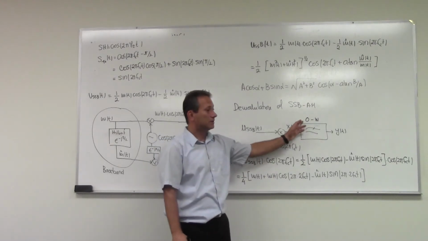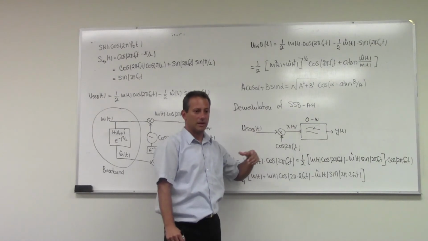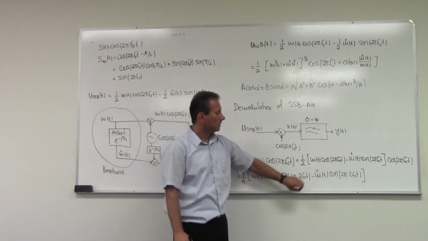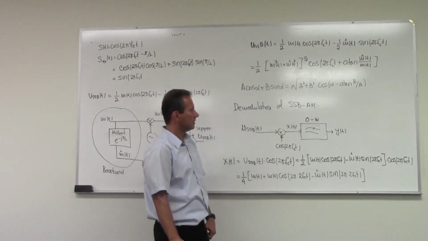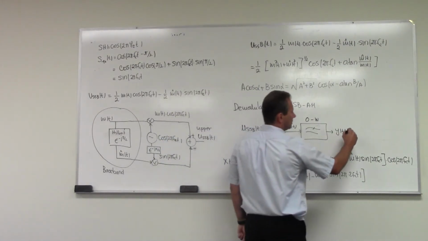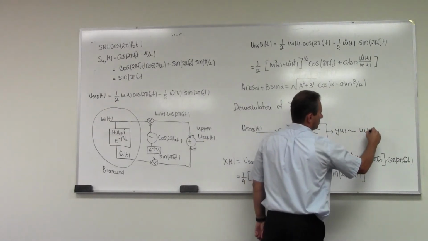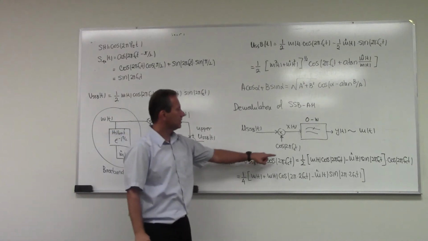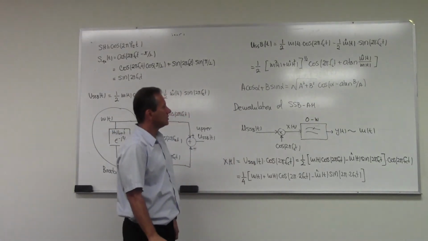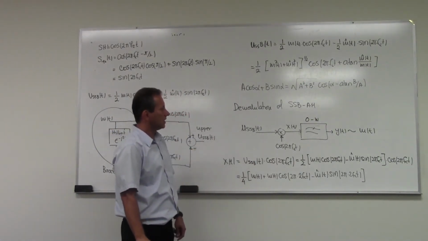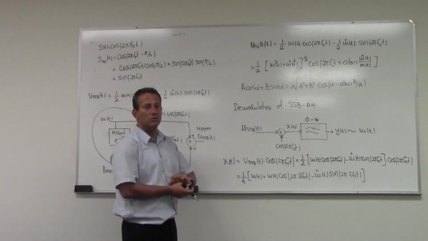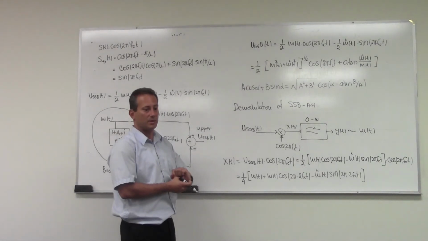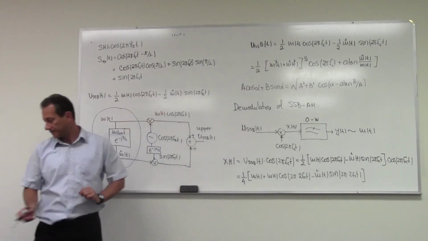The bandwidth of this filter is going to be motivated by how much noise you want to let into the system, but as far as filtering the double frequency components, it has a very easy task. So this y of t is going to be proportional to m of t itself. As long as you have a good estimate of the carrier frequency, you can demodulate the single sideband in very much the same way that you used to demodulate double sideband with suppressed carrier.